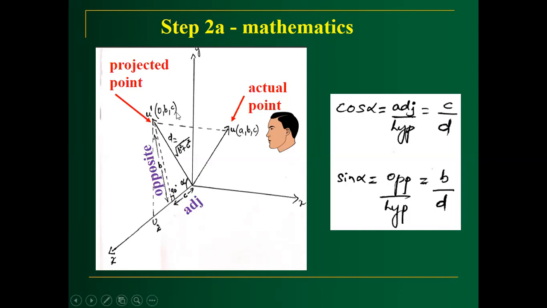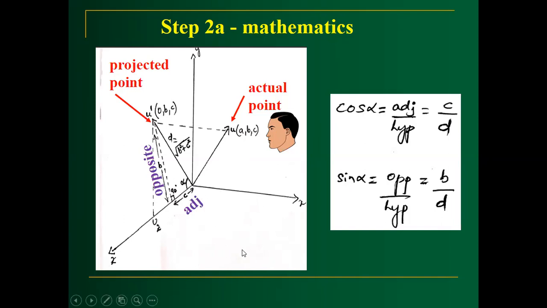So B and C remain the same. I'll repeat: you need to rotate this U around the x-axis such that it comes to the xz plane.